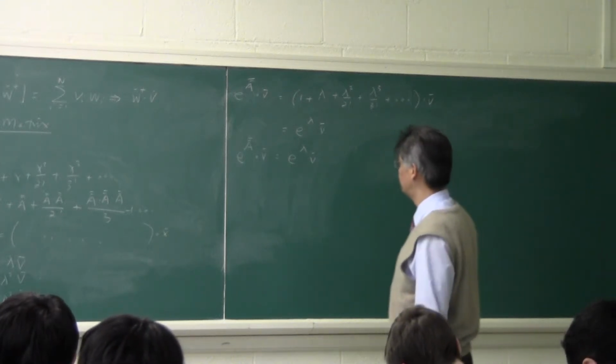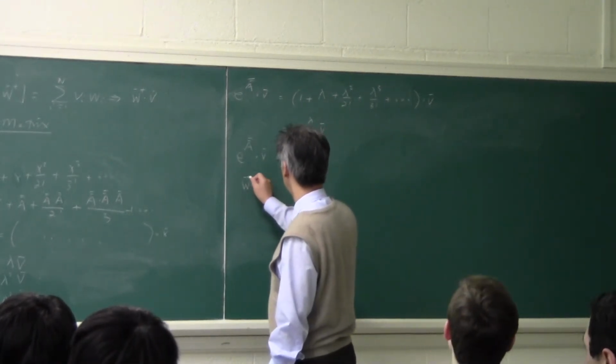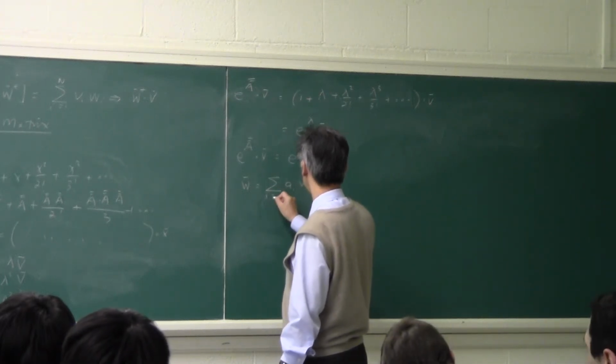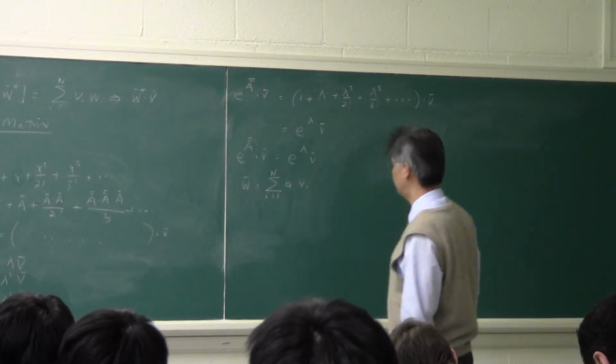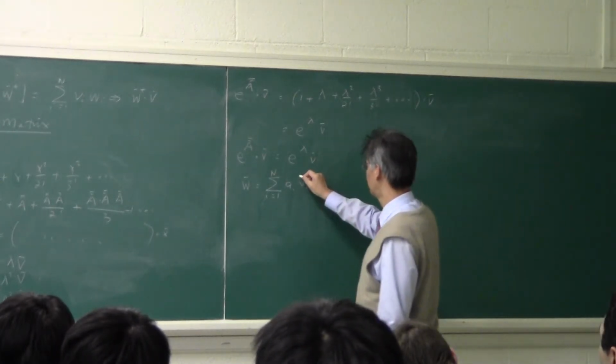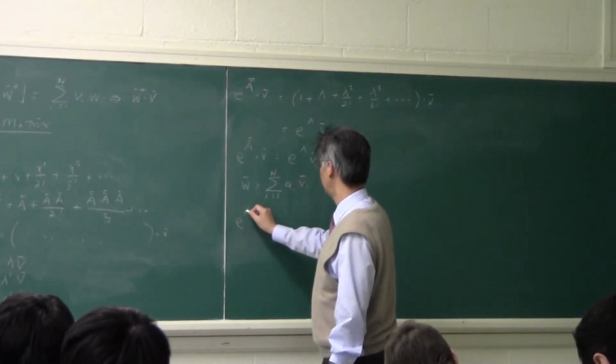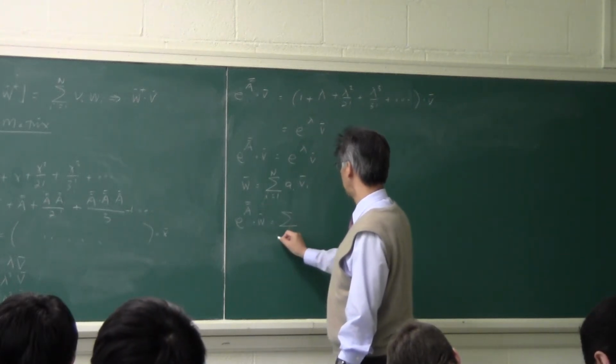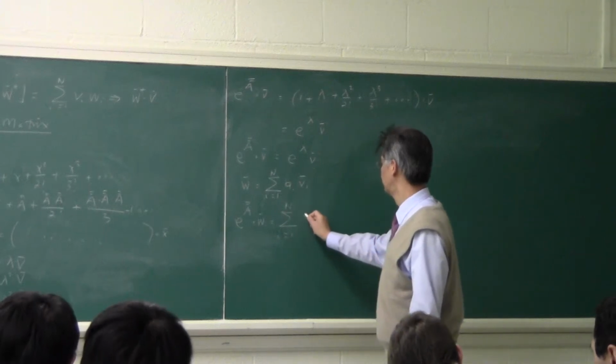So if you have a general vector W, you can always expand it in terms of sums of eigenvectors of the system. Then if you have a matrix operator operating on the general vector W, you can take this inside the summation.